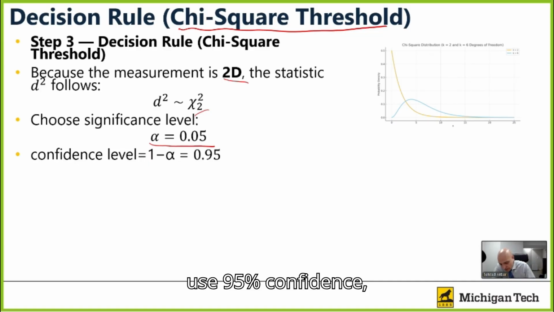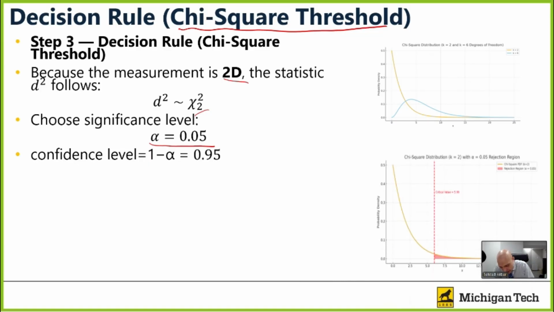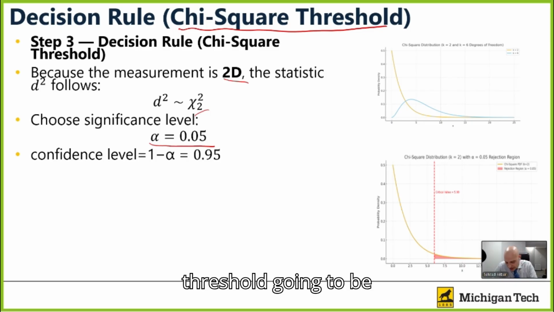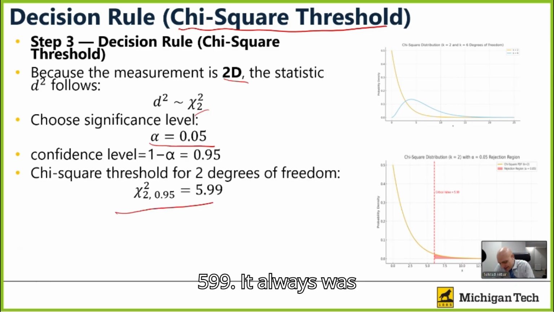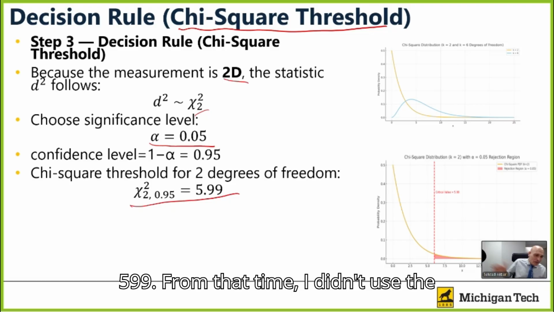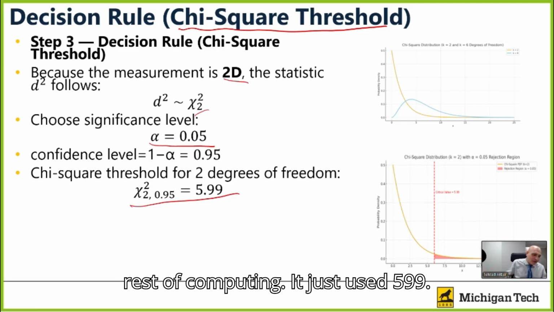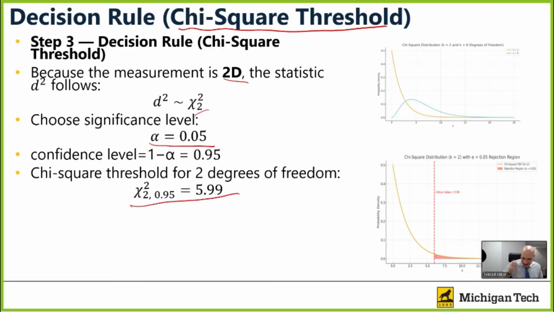If you use 95% confidence, the threshold is going to be 5.99. And it was always 5.99. Since that time, I didn't use the rest of the computing. I just used 5.99.